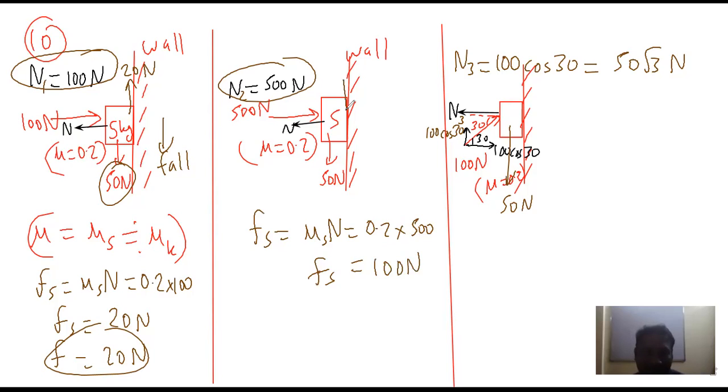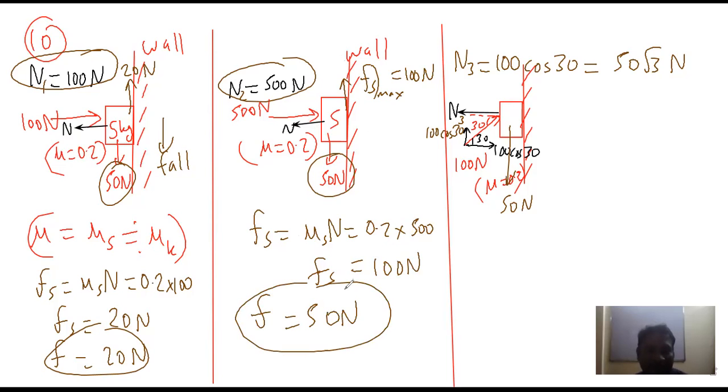So the maximum value of friction can be 100, but downward force is 50 Newton. Friction maximum value is 100 Newton, but it is not required. Only 50 Newton is required. So only 50 Newton will be the value of friction in second case, and it acts in upward direction.